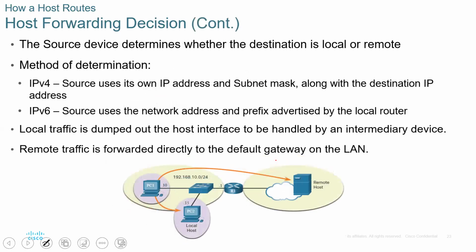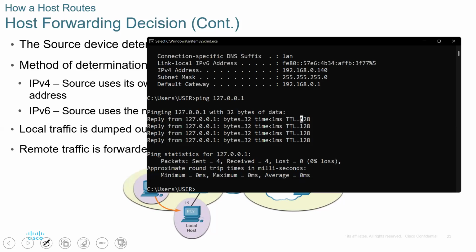So the source device determines whether the destination is local or remote. How does it know? Because of the subnet mask. If I run ipconfig, you can see I have a subnet mask here. The subnet mask identifies the network portion of the address, and so any IP address that does not belong to that network is known as a remote device.